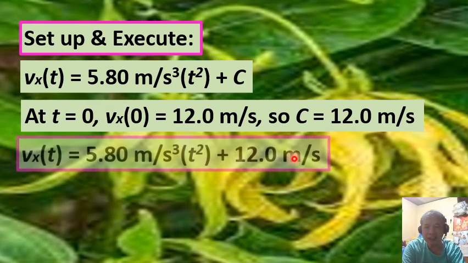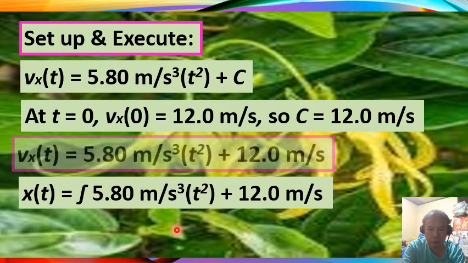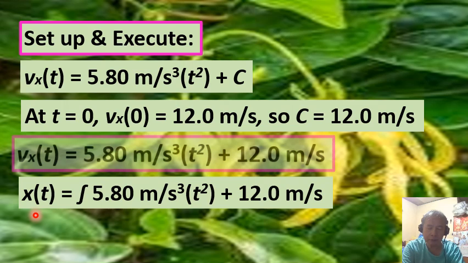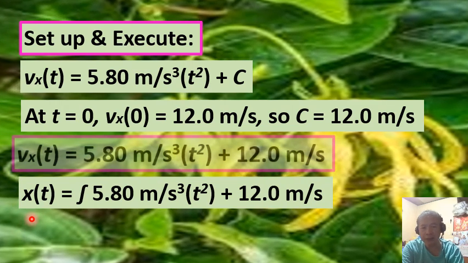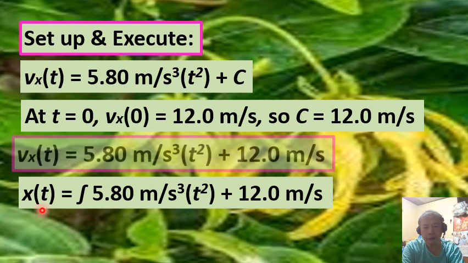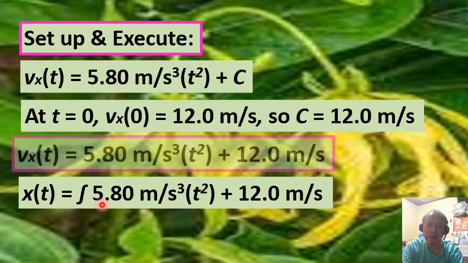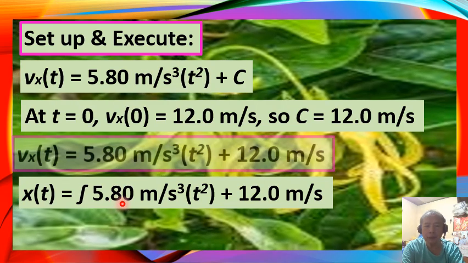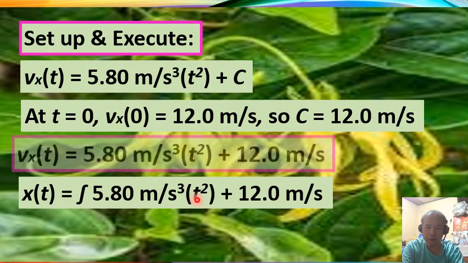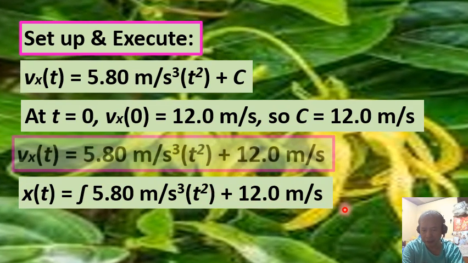And if we integrate this velocity function, we will be able to get our desired position x function. That is, the position x as a function of time will just be equal to the integral of our velocity function, 5.80 meter per second cubed times t squared plus 12.0 meters per second.